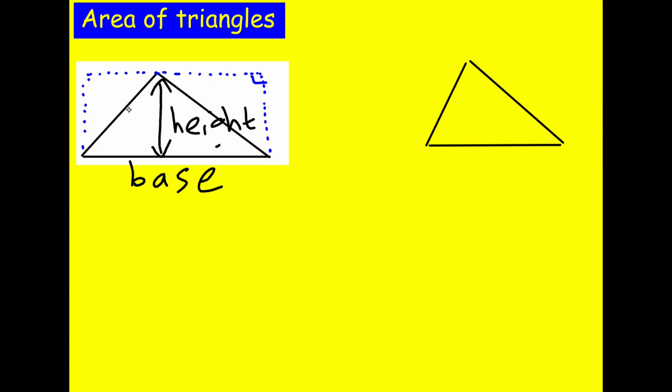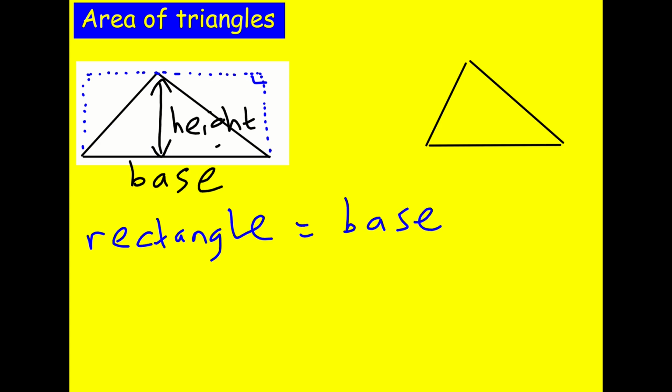Now we know the area of a rectangle, we've just covered it, it's base times height. So the rectangle area equals base times height.